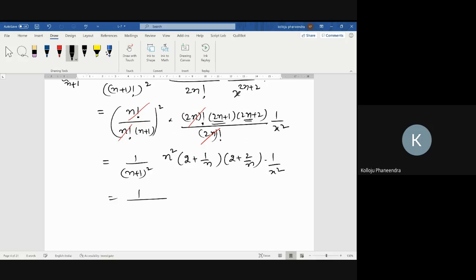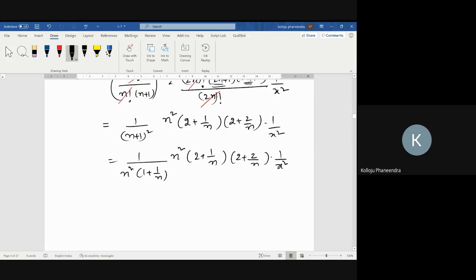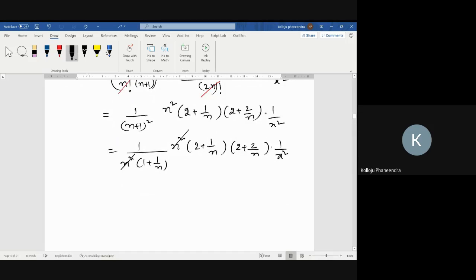Now in this one, n is common, n square, 1 plus 1 by n. This is n square, 2 plus 1 by n, 2 plus 2 by n into 1 by x square, into 1 by x square. Now, this n square also gets cancelled.